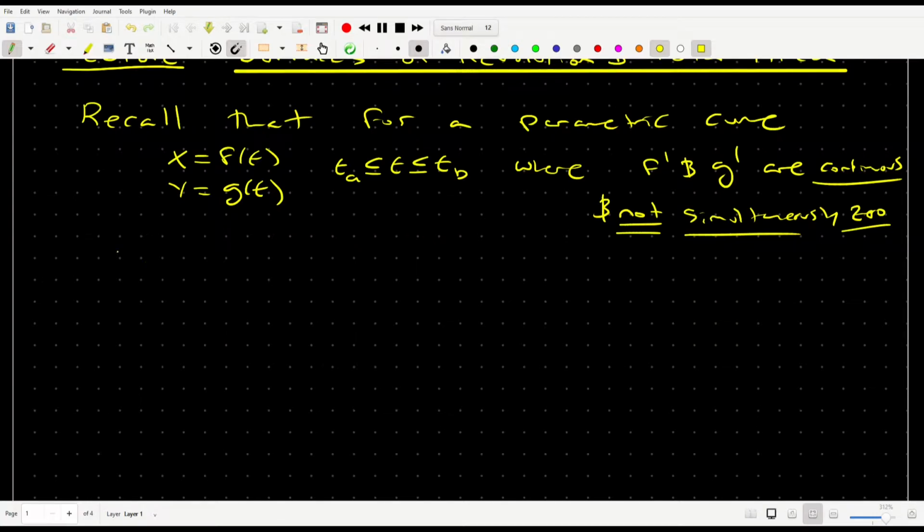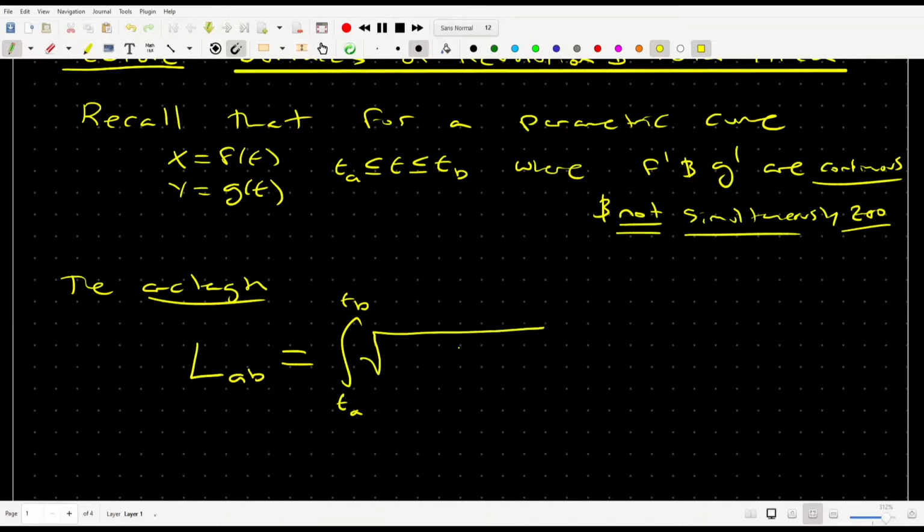Then we define the arc length as, say, LAB, which is the integral from TA to TB of the square root of f prime of some integration variable squared plus g prime squared.